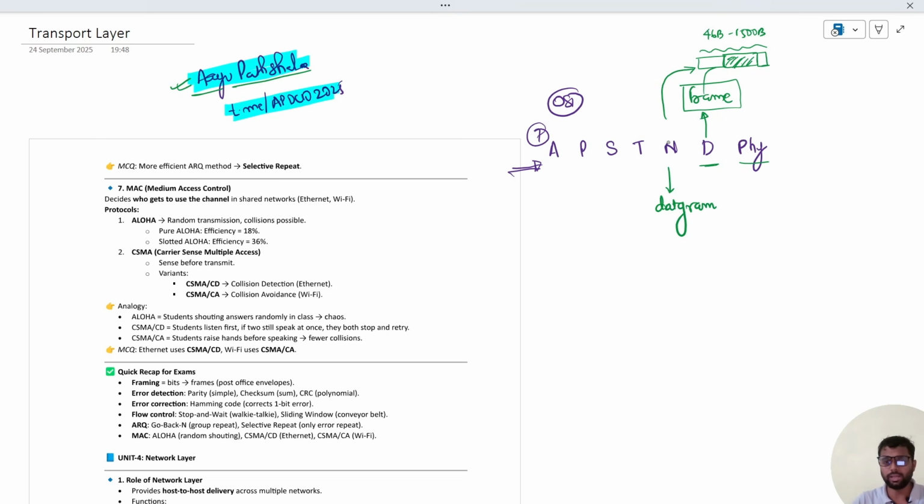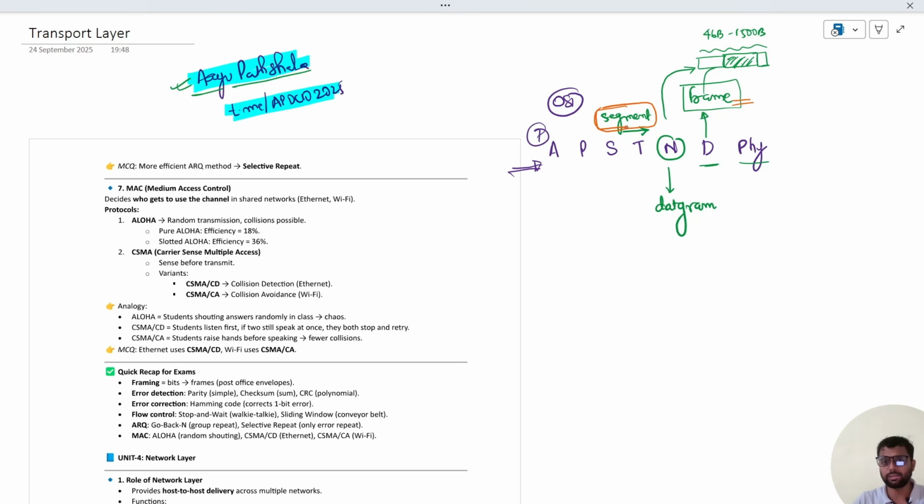And obviously, this datagram is not generated at this layer. It is transmitted to it from the transport layer, where it is known as the segment. So in the transport layer, there is some combination of bits, as we have seen the bits in the frame. A similar structure is there in this segment. There is a group of bits.